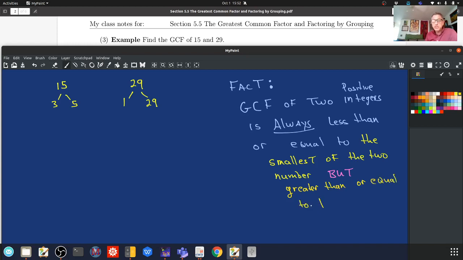That tells you the GCF of two integers always exists. So what I know is the GCF of 15 and 29 is always less than or equal to the smaller of the two numbers, which is 15, or it's greater than or equal to 1. So here are two more facts.